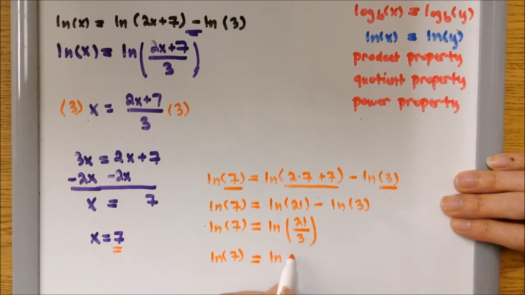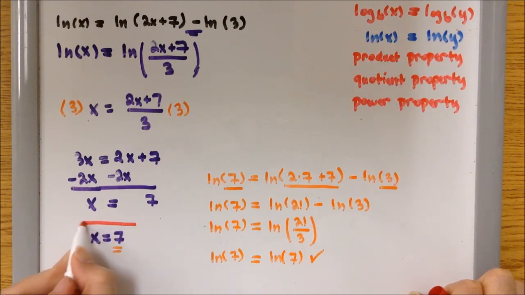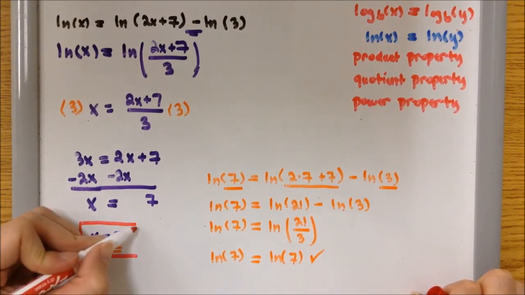So 21 divided by 3 is 7. So we take a look, natural log of 7 on the left, natural log of 7 on the right. That's true. They're the same on both sides. So therefore, x equals 7 is a solution, a defined solution. And it works.